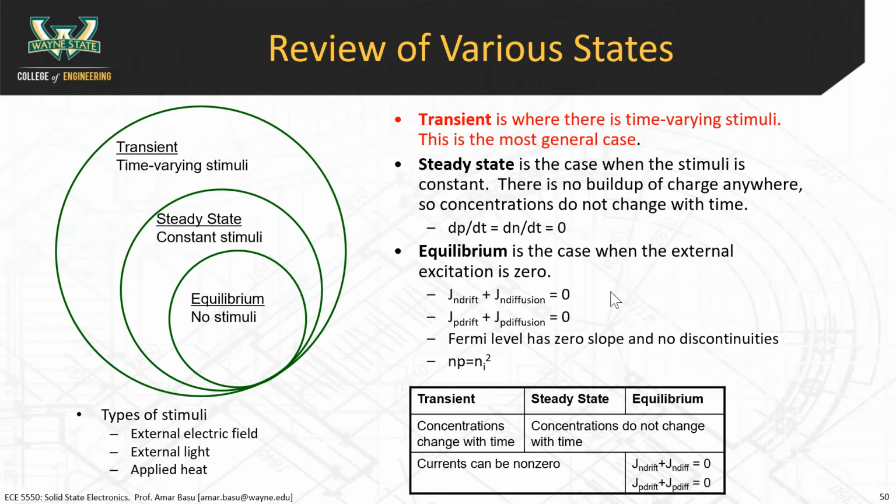So when we're talking about transient behavior of diodes, this is what we're talking about: the ability of an LED to blink very quickly, to turn light on and off, and the ability of a photodiode to receive those signals and convert that light into an electrical current very rapidly. So that gives you a framework for why we actually care about transient behavior.